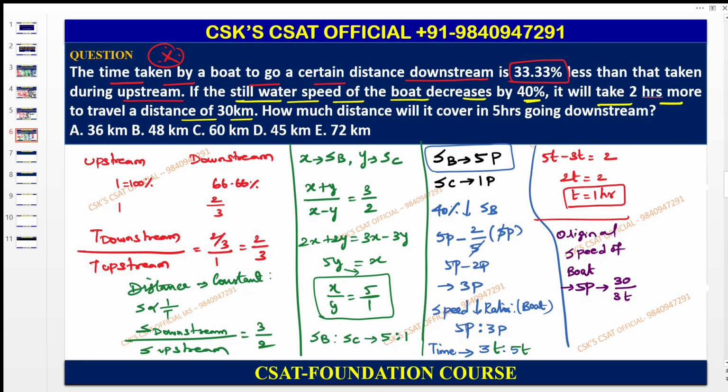You know the t here, which is 1, so 3 into 1. We are substituting that t here. So 5p, which is the speed of the boat, becomes 10 km per hour. You have found the speed of the boat as 10 km per hour.